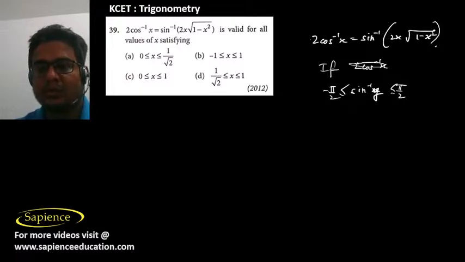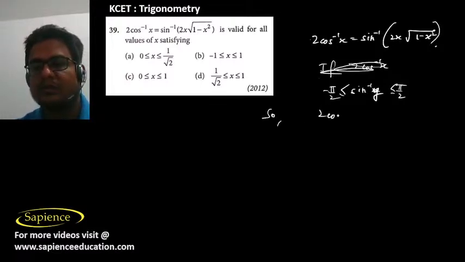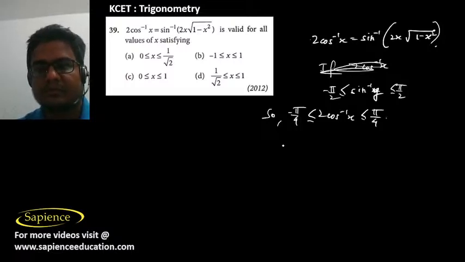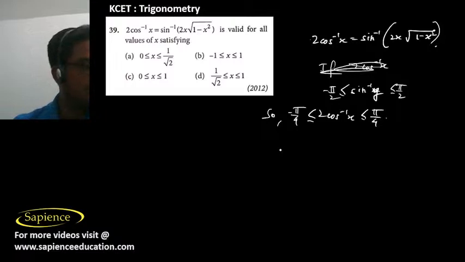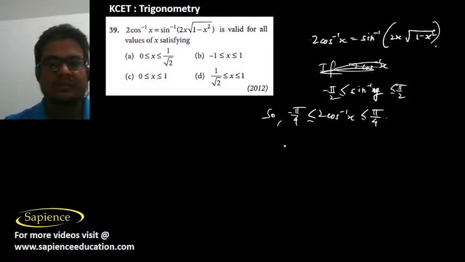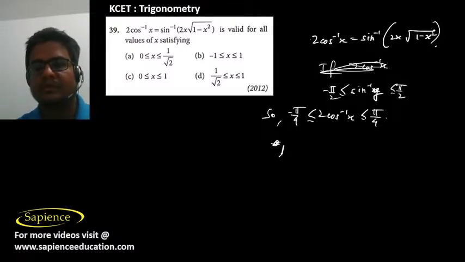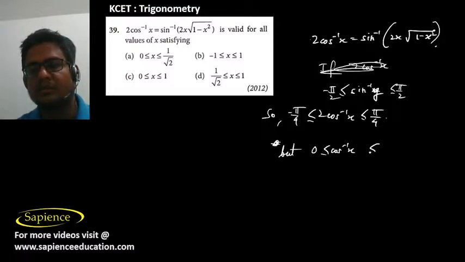So I can say that 2 cos inverse x should also be from minus pi by 4 to pi by 2 plus pi by 4. But cos inverse x actually goes from 0 to pi.